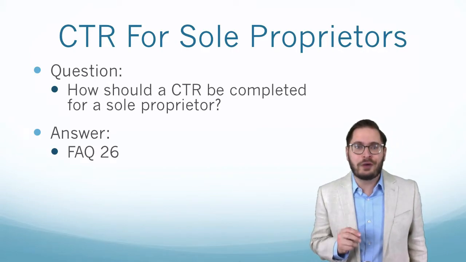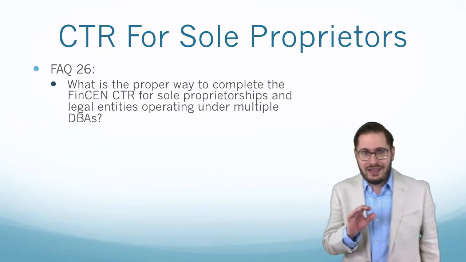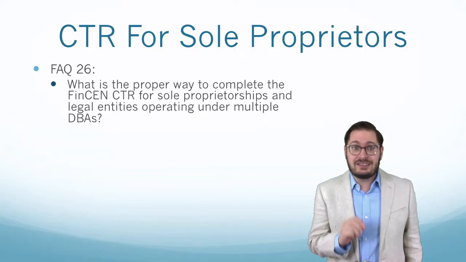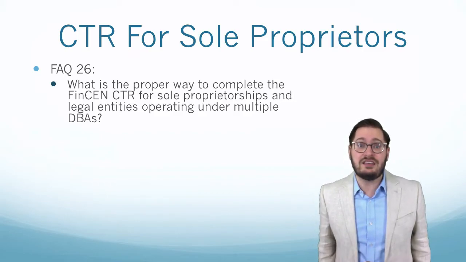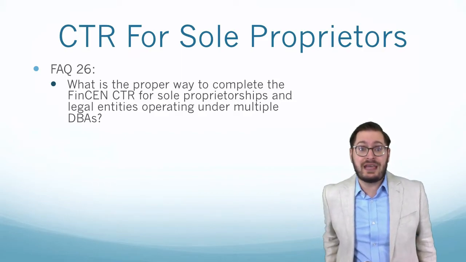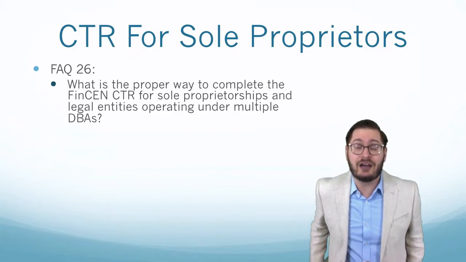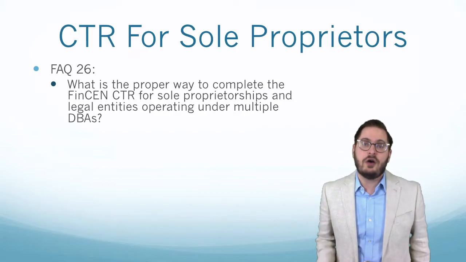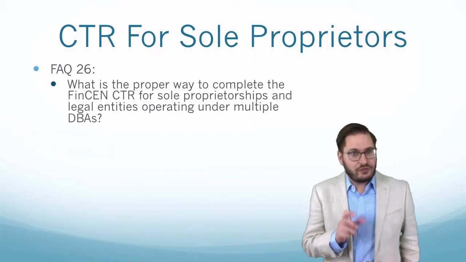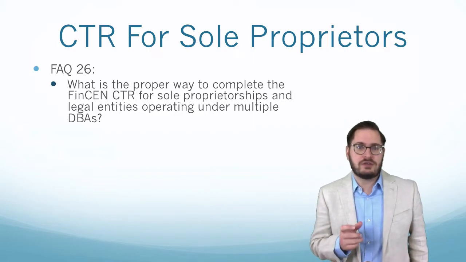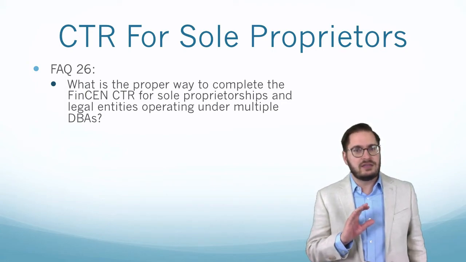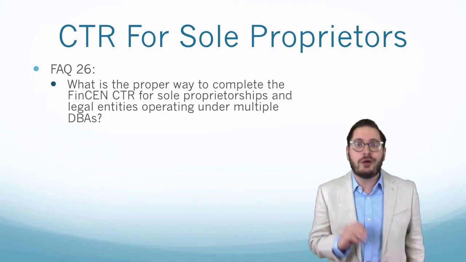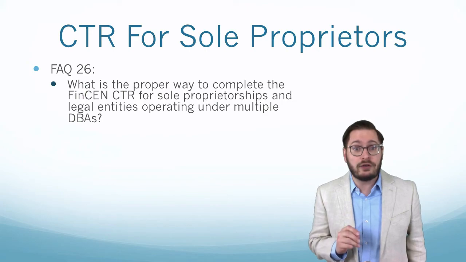Question 26 states, what is the proper way to complete the FinCEN CTR for sole proprietorships and legal entities operating under multiple DBAs? What we're worried about is the first part of that question, sole proprietorships. The second part, legal entities operating under multiple DBAs, is a question for another day.